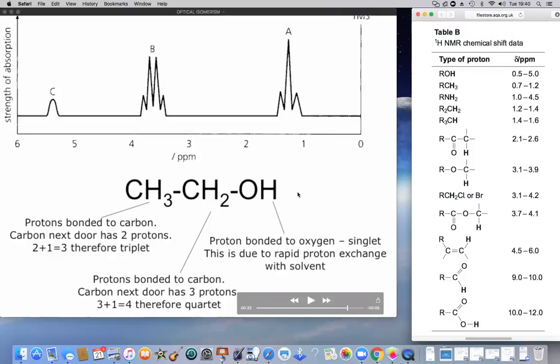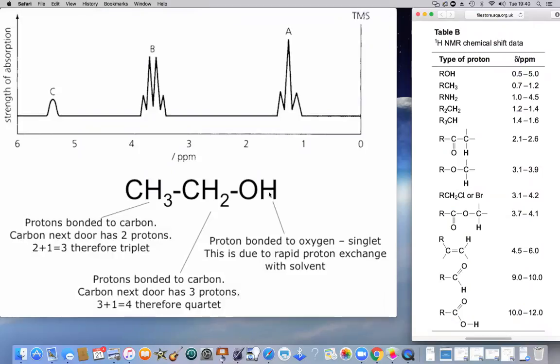And I said I'd give you a brief explanation of why this is the case. It's because the proton in the alcohol functional group can undergo proton exchange with the solvent, and that prevents it from appearing as a split signal. Again, for A-level chemistry, it's not something that you're expected to know.